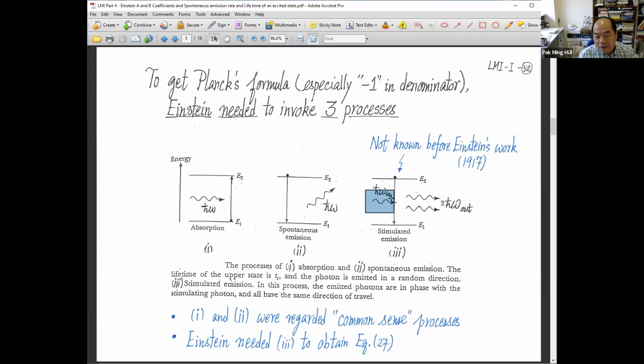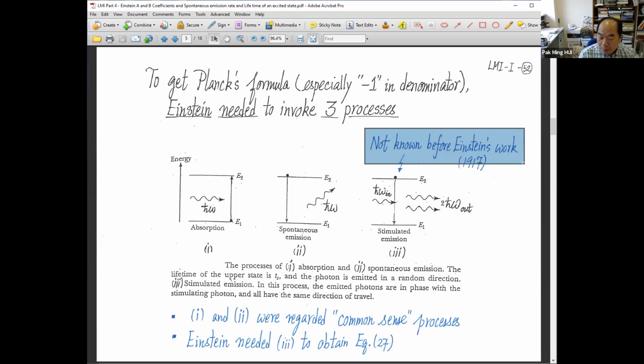Something comes in, but the atom is already excited, and then it stimulates another emission by the incident h bar omega. So there are two photons out. Now, you must appreciate this process was not known to physicists before this work of Einstein.